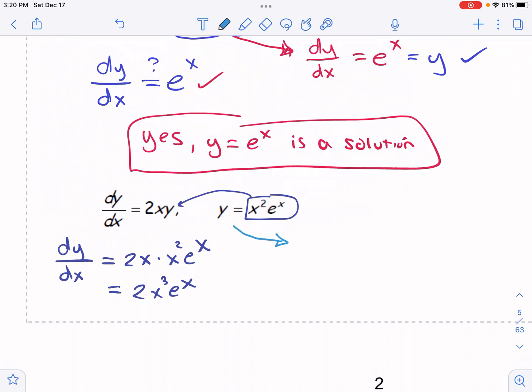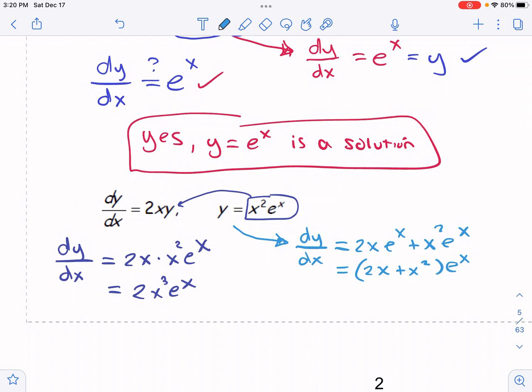Well, here's our function y. Let's go check. I'm going to take its derivative. Now I got to use the product rule here, so that's 2x e to the x plus x squared e to the x. And I can factor out an e to the x and write it like this.